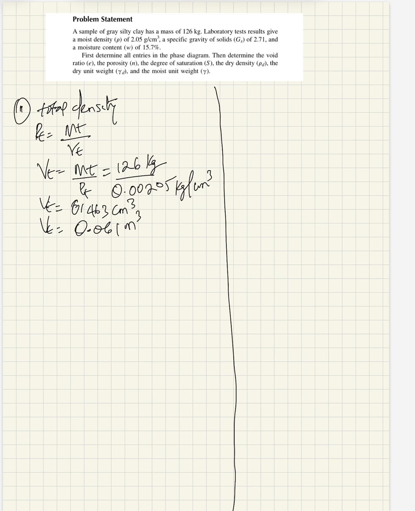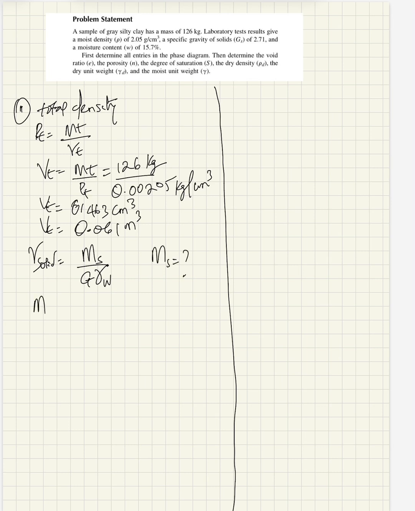So next thing we have to do is to proceed with the evaluation. We have to find other parameters. The next thing we have to find is the volume of solid. Volume of solid from our equation is mass of solid over specific gravity times unit weight. We don't know the mass of solid, so we have to find that.